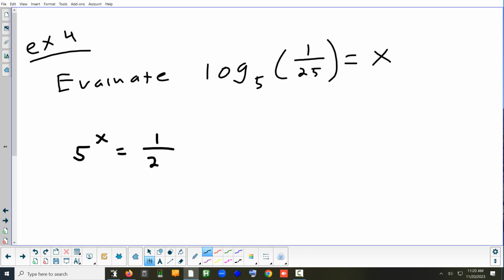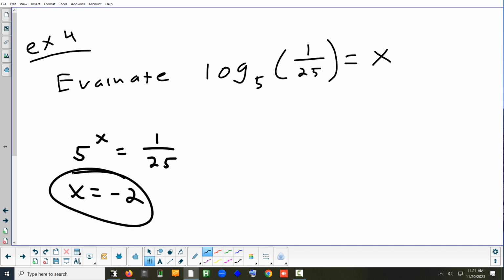1 over 25. So now it's just a matter of 5 to what power gives you 1 over 25, not 25. Well, it's going to be -2. Yep. Because when you're dealing with a negative exponent, you'll flip it, so it'd be 1 over 5 to the power of 2, which would then be 1 over 25.